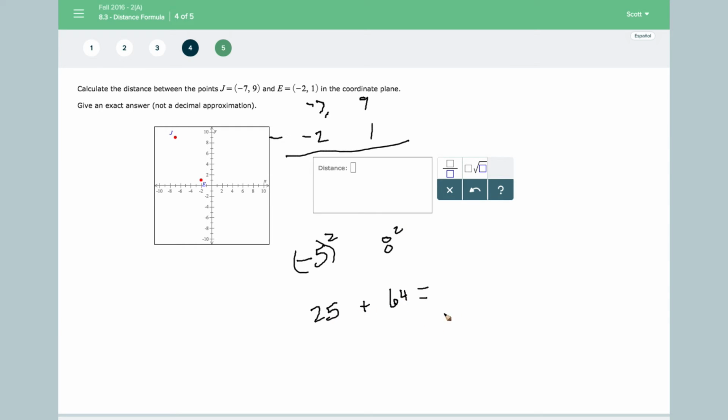And 25 plus 64 is 89. Take the square root of that, and that's our answer. Square root of 89. Always remember to take the square root of the answer.